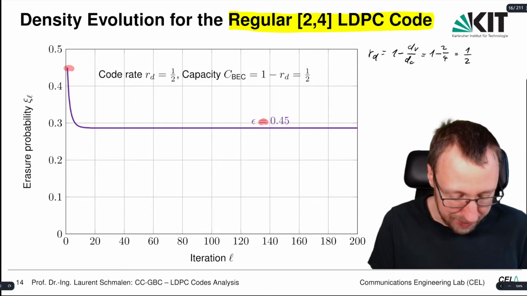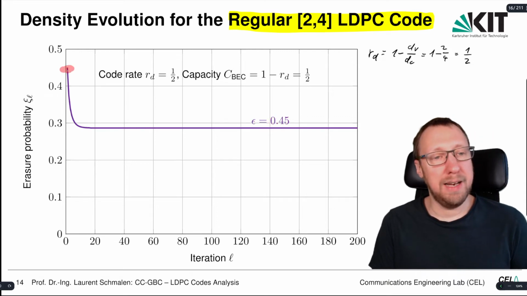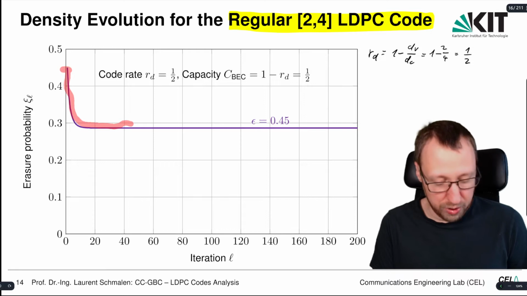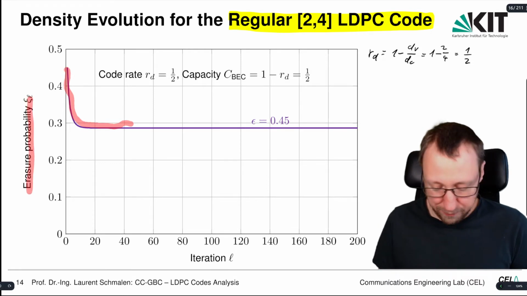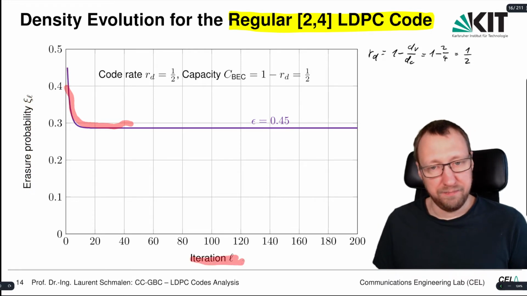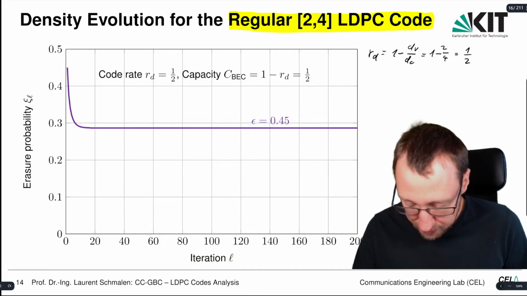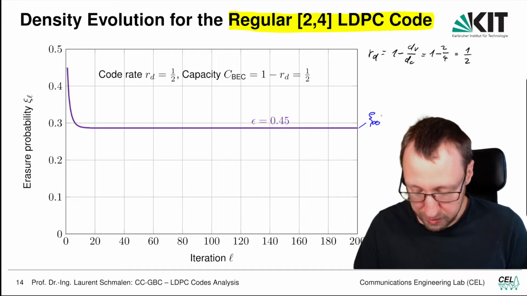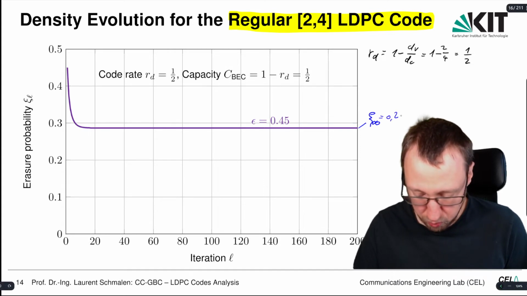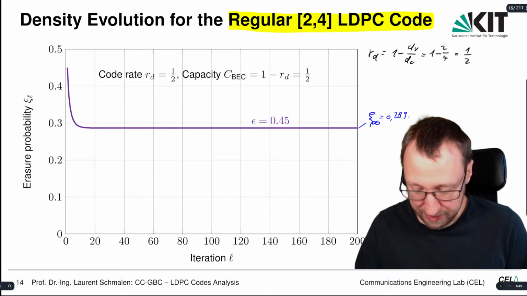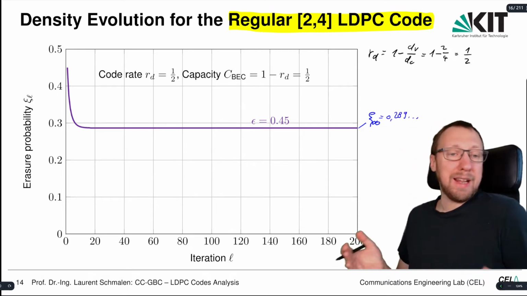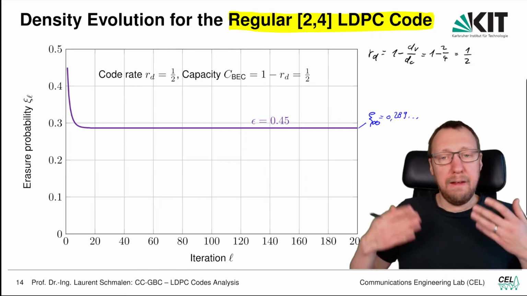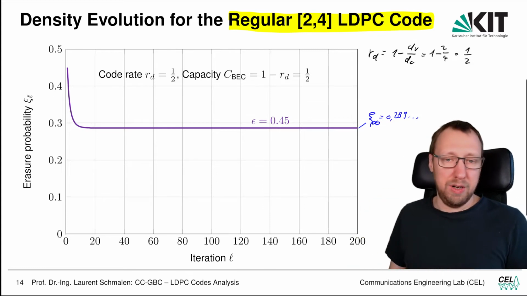We start at epsilon, and we converge. At some point, we get stuck. Here we show C_L as a function of the iteration. So this is actually C infinity, which is equal to 0.289 something. So we get stuck. The decoding doesn't work. We cannot recover, on average, the variable nodes.